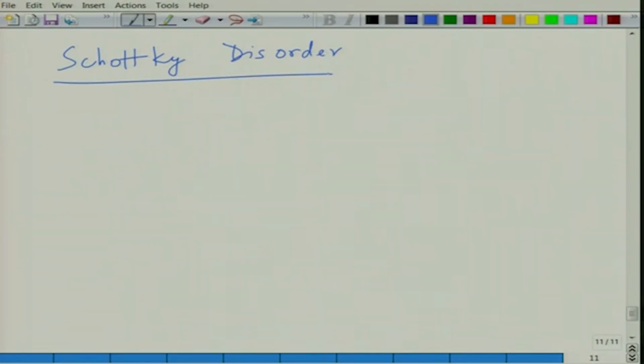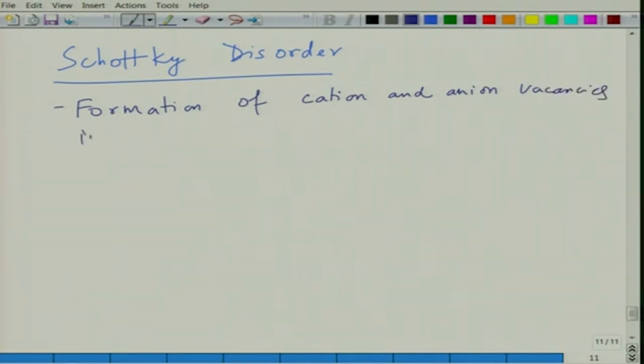The Schottky disorder is basically the formation of cation and anion vacancies in stoichiometric ratio.